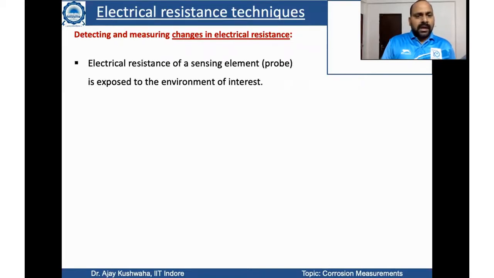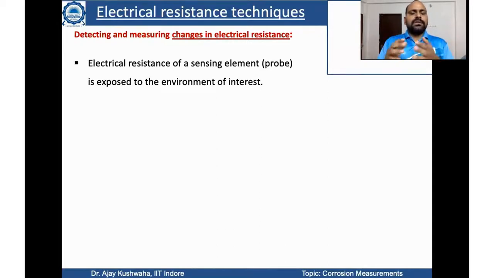Because if the corrosion is happening over time when the material is exposed in an environment, then the thickness of that material is reduced and the cross-sectional area of that metal becomes smaller. So if the specific resistance of the material remains the same, then due to the change in the area, there is a decrease in the electrical resistance.